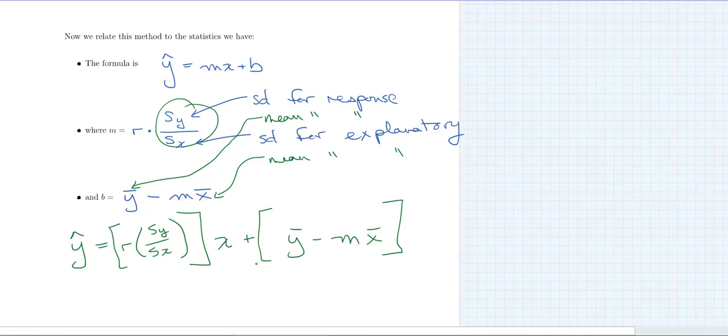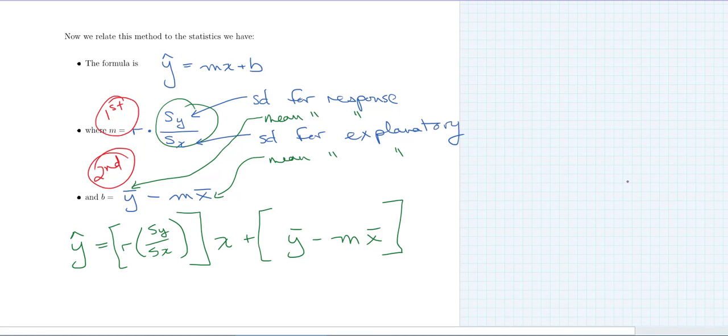So I would recommend finding m first, just because you need it to find b. So first find m, then find b. You don't have to have this formula completely memorized, okay, but you should be able to find sy and sx and y bar and x bar.